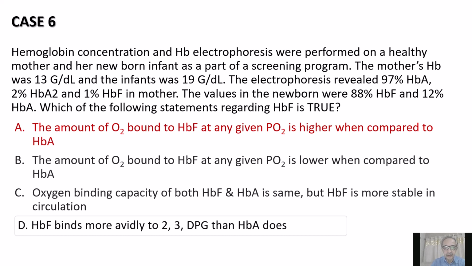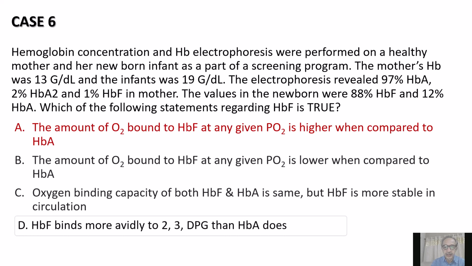The HbF gamma chains bind less avidly to 2,3-DPG compared to HbA, which has beta chains. So at any given PO2, the percent saturation is more.